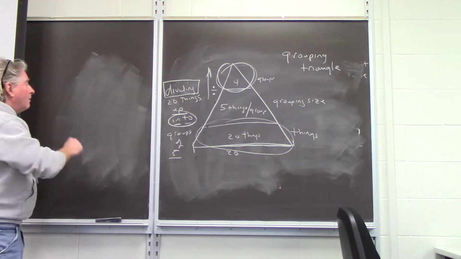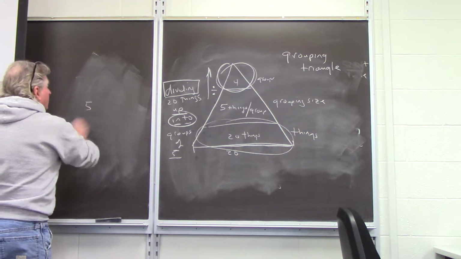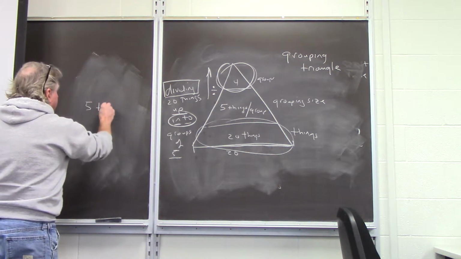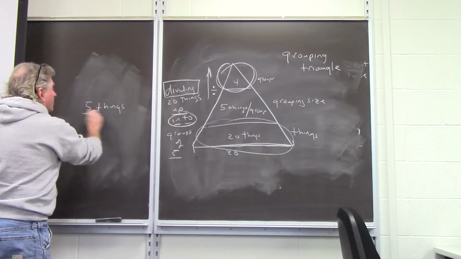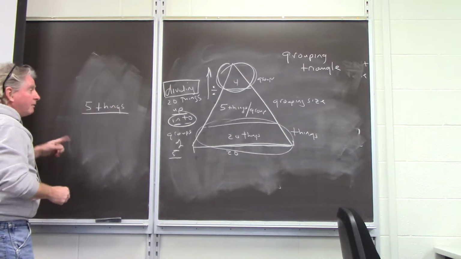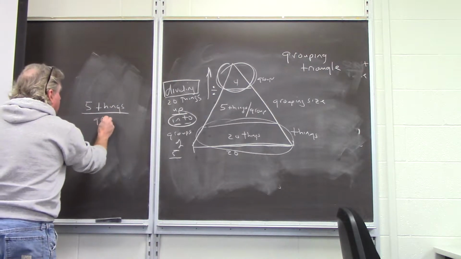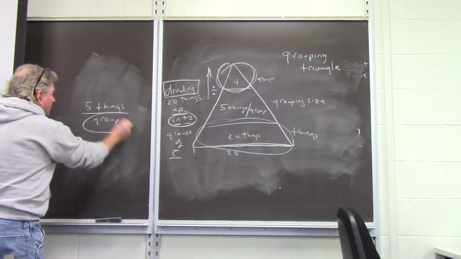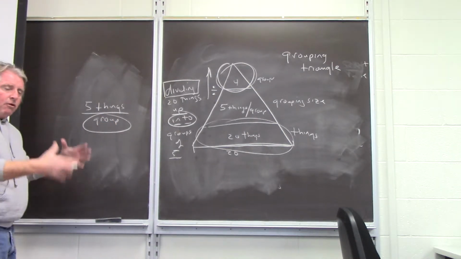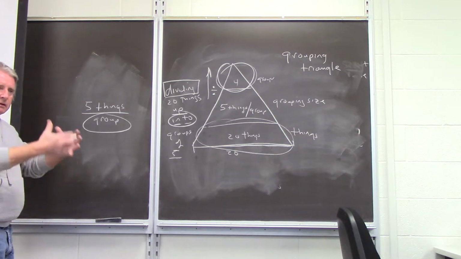All right, now if you get a statement like this, 5 things per group, the denominator is always the thing that you're grouping into, okay?